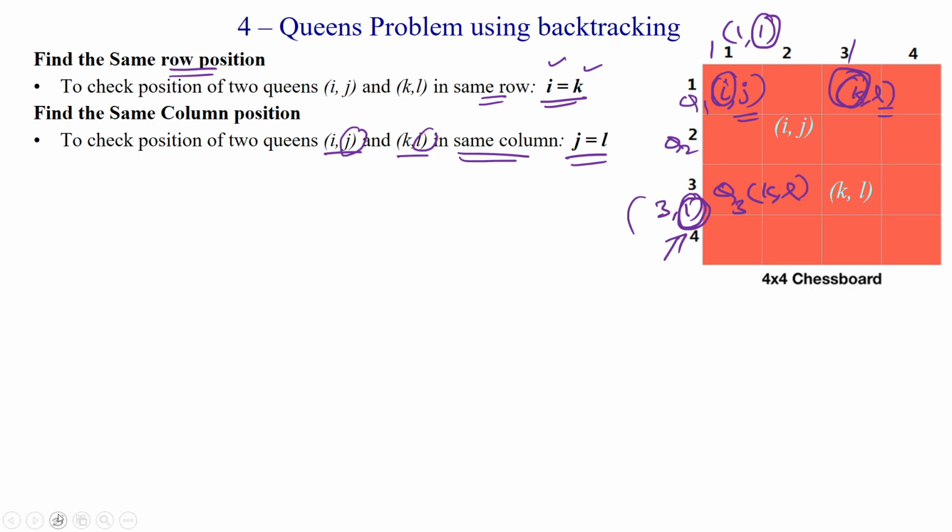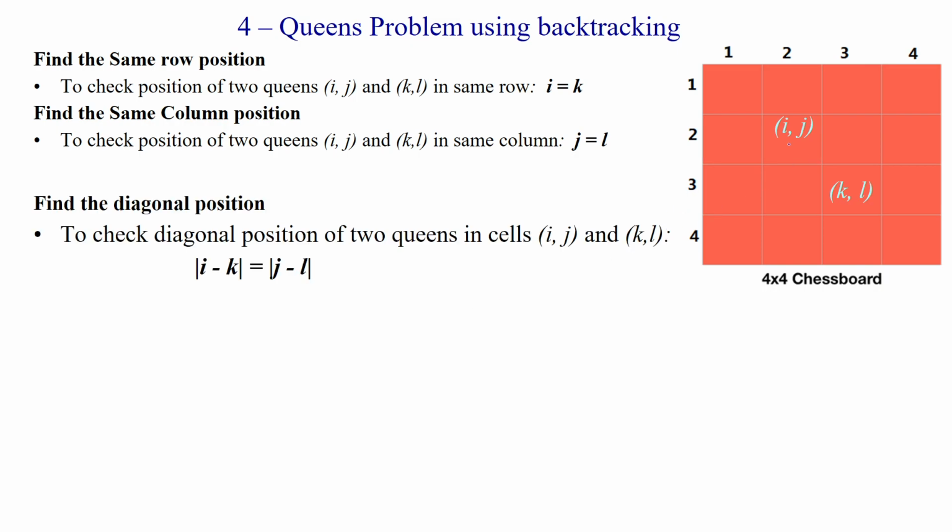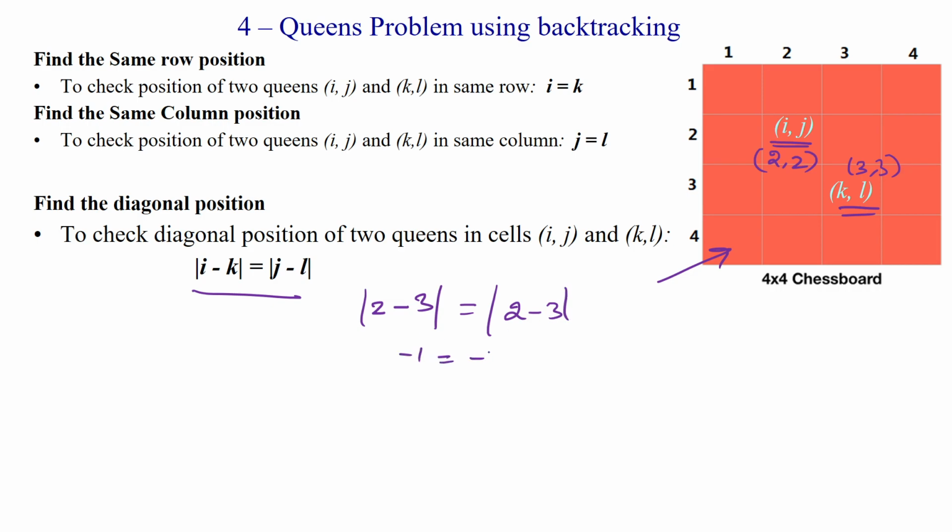Likewise, how do we check the diagonal position? For the diagonal position, you see i comma j is placed here, k comma l is placed here, with i comma j as 2 comma 2, then k comma l as 3 comma 3. Now you apply the formula: i, which is 2, minus k, which is 3, equal to j, which is 2, minus l, which is 3. So minus 1 equal to minus 1 inside the mod, then 1 equal to 1.